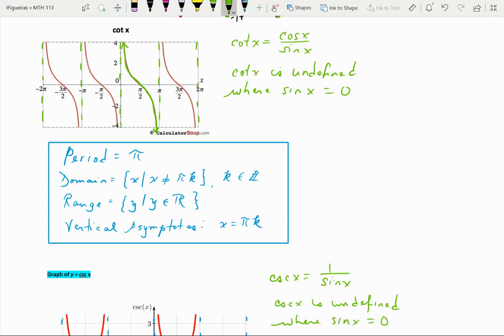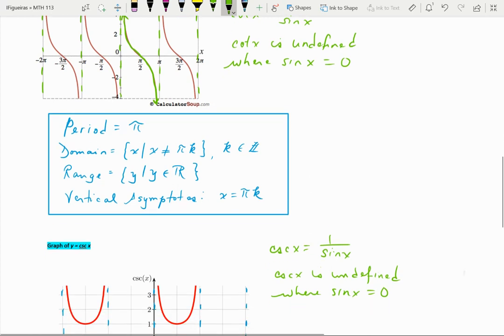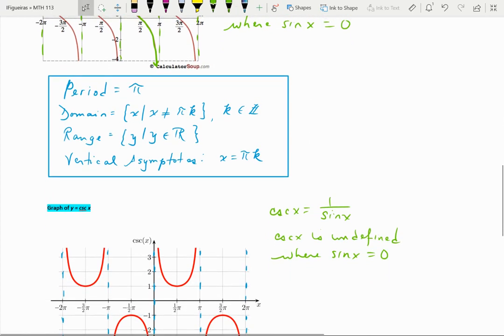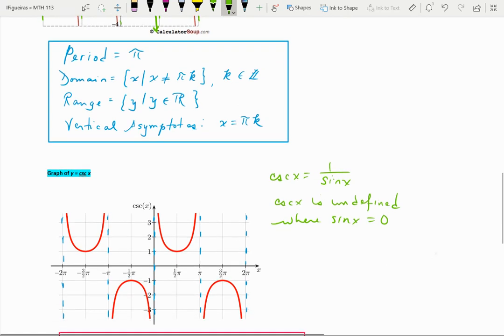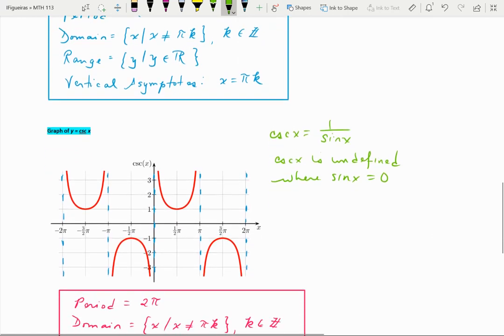So I will have the same asymptotes as I did for cotangent. I have asymptotes at -2 pi, -pi, 0, pi, and 2 pi. Other than that, cosecant looks really similar to secant, and it looks like parabolas that are facing up and down, oscillating between up and down.